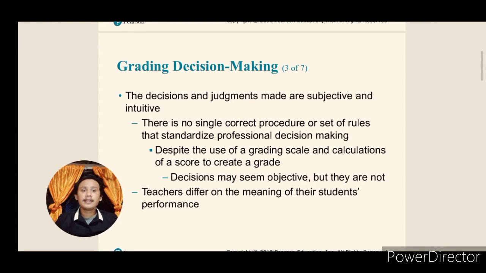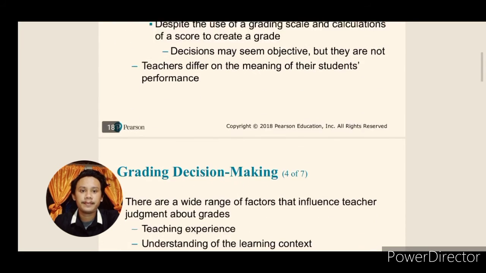Also, in grading decision making, decisions and judgments are subjective and intuitive. Meaning, there is no single correct procedure or set of rules that standardizes professional decision making, despite the use of grading scales and calculations of scores to create a grade. Decisions may seem objective, but they are not. Teachers differ on the meaning of their students' performance.